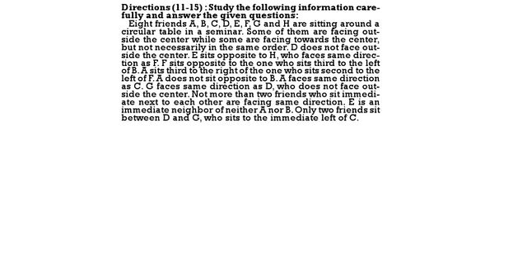E is sitting opposite to H, who faces the same direction as F. F sits opposite to the one who sits third to the left of B. A is sitting third to the right of the one who sits second to the left of F. A does not sit opposite to B. A faces the same direction as C. G faces the same direction as D, who does not face outside the center. Not more than 2 friends sitting immediately next to each other are facing the same direction. E is the immediate neighbor of neither A nor B. Only 2 friends are there between D and G, who sits to the immediate left of C.